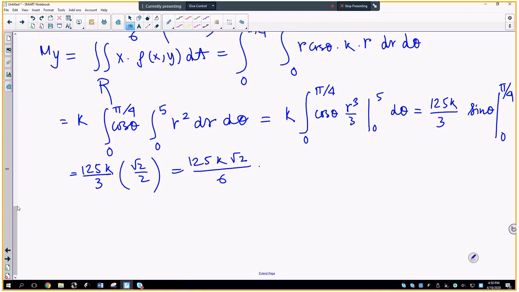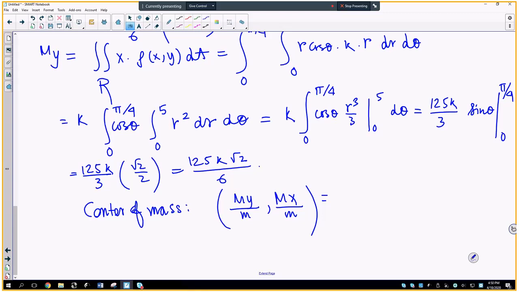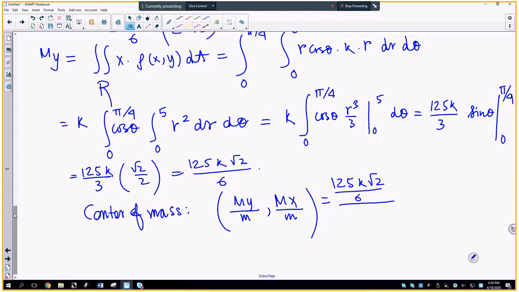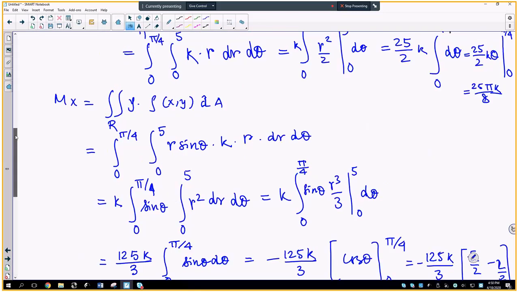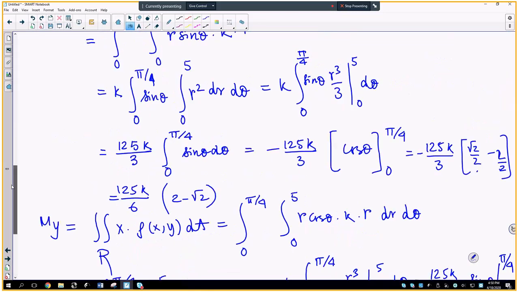So center of mass is my next objective. And I just want you to remember, for finding the center of mass, you're going to use the formula my over the mass, comma mx over the mass. Remember, my we just found out as 125k square root of 2 over 6, all over the mass, and we found out the mass equal to, I believe that was 25 pi k over 8.